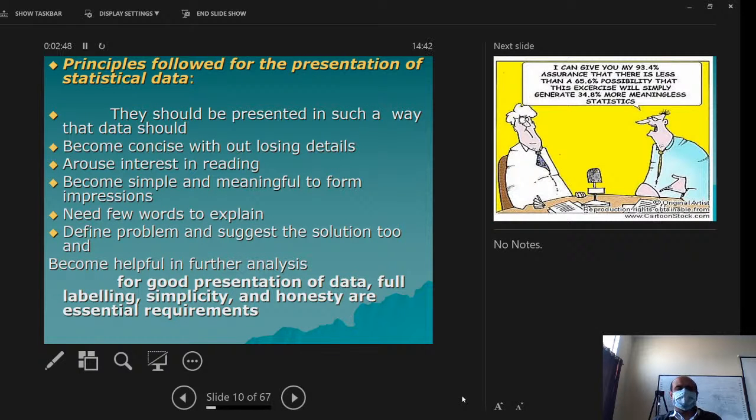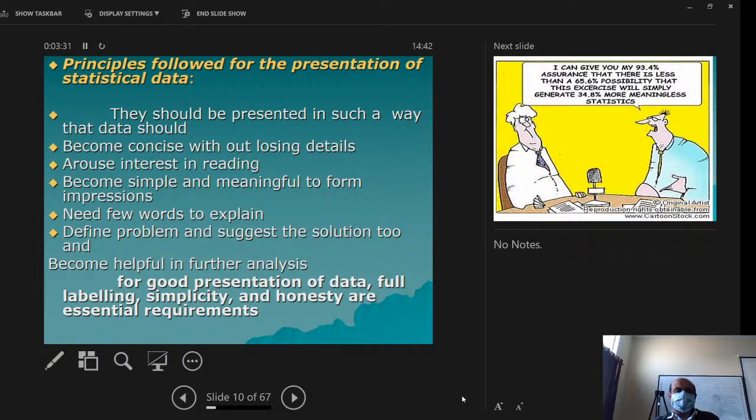The principles followed for the presentation of statistical data are that the data should be concise without losing details, arouse interest in reading, become simple and meaningful, form impressions, need few words to explain and define the problem and suggest the solution, and become helpful in further analysis.